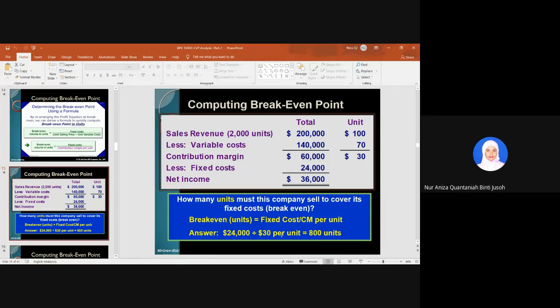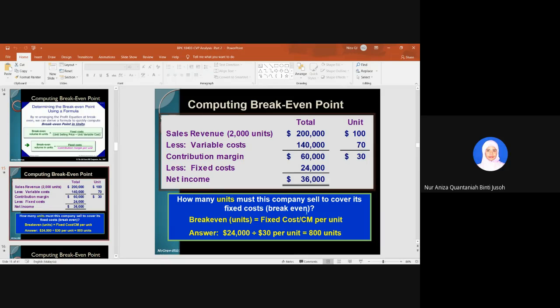If you want to know how many dollars this company must sell to cover its fixed cost, you use the contribution margin ratio calculation.